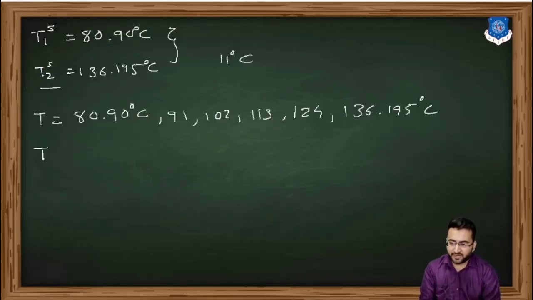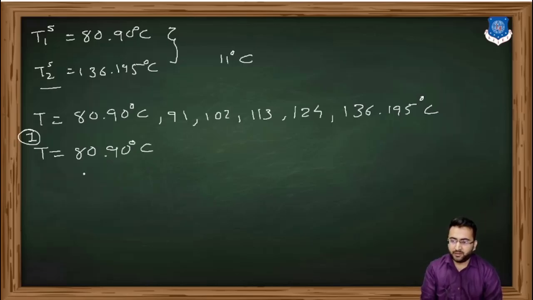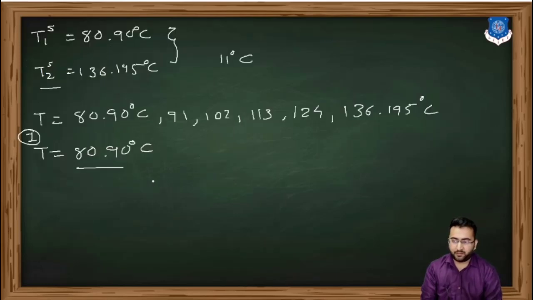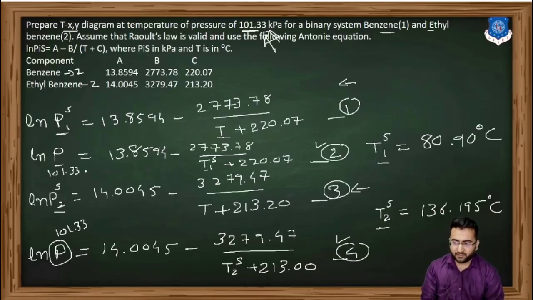So let's first write for iteration number 1, taking temperature 80.90 degrees Celsius. Putting this value of temperature in equation number 1, we will get the value of P1 saturated, which is 101.59 kilopascal.